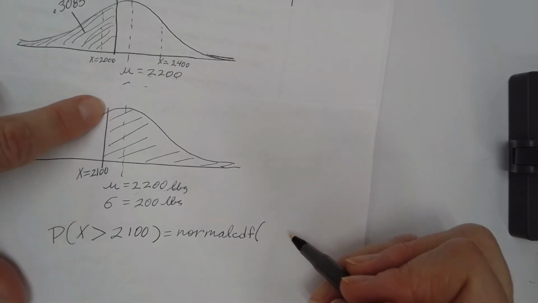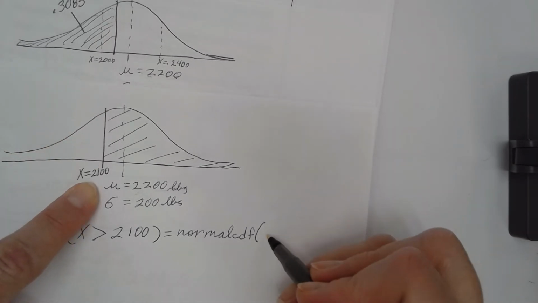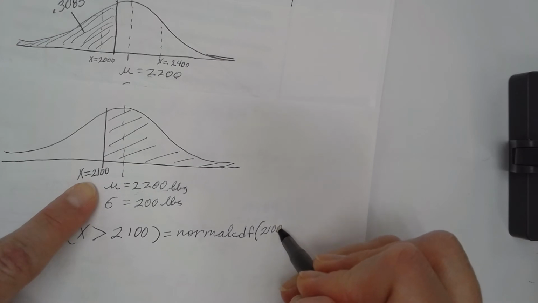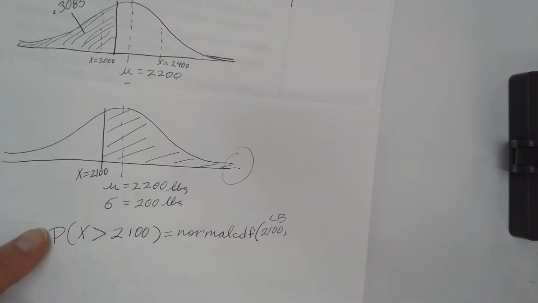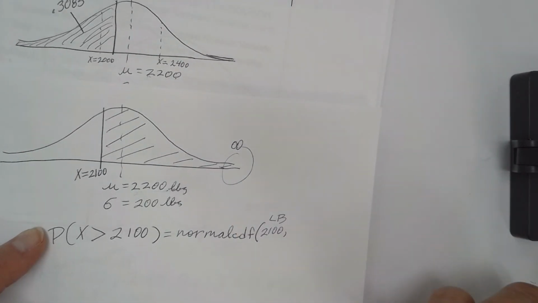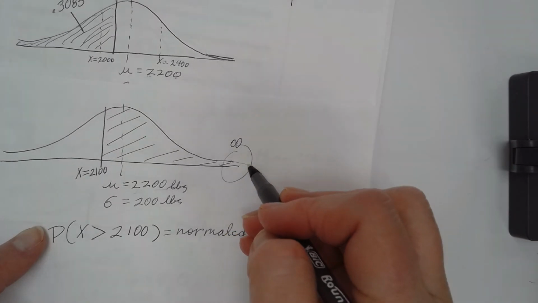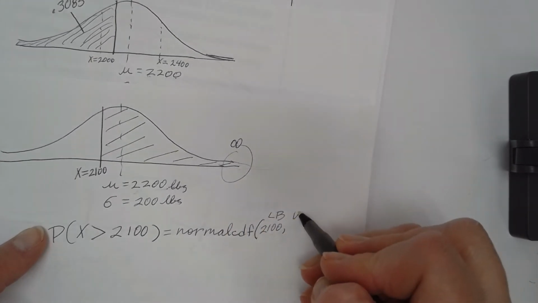What's this boundary right here? 2,100. Okay, so that's the lower boundary. What's the upper boundary? It's positive infinity, right? Because this keeps going out. So can I put positive infinity in?